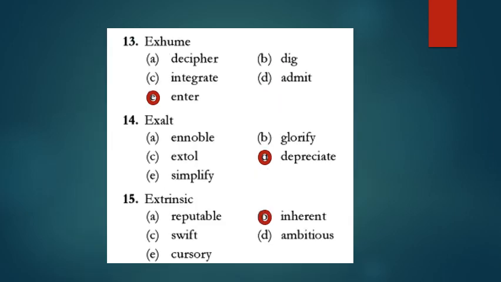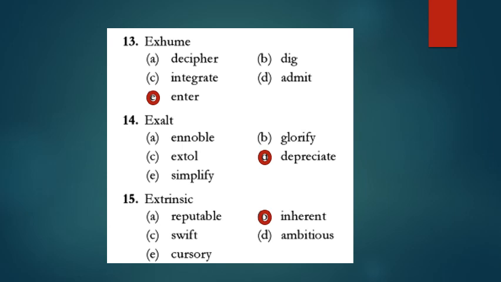Exhume, to dig out the body. So inter, that would be the opposite of the word exhume. Decipher, to find out the meaning of that, from a manuscript, finding out the meaning, understanding it. Exalt.